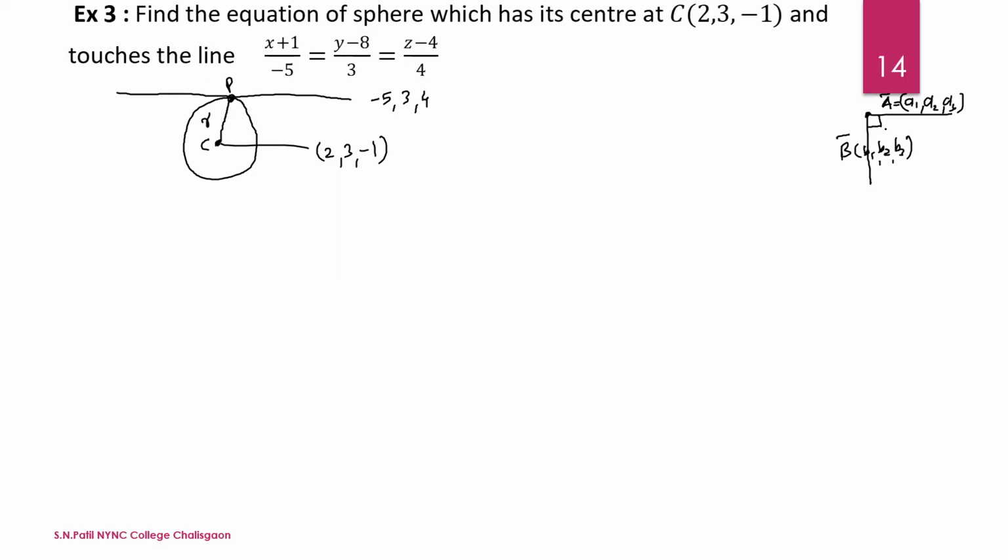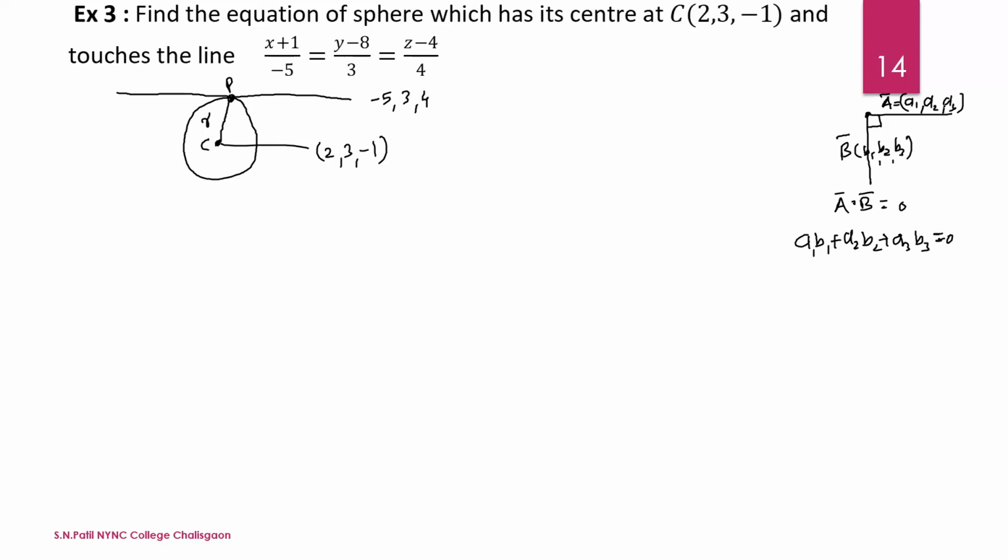If these two vectors are perpendicular, then their dot product A bar dot B bar is equal to 0. It means A1 into B1 plus A2 into B2 plus A3 into B3 is equal to 0.